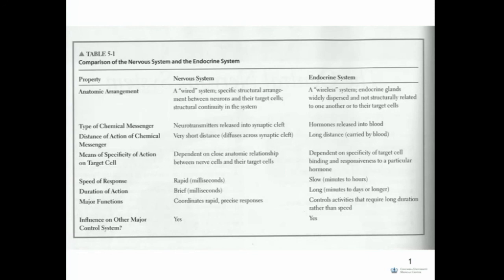Okay? When an endocrine gland releases a hormone into your bloodstream, the kinetics of that action, in terms of how long it takes to get a response, how big that response is, and how long that response lives, that kind of hormone action is very similar to how drugs work in the body. Okay?